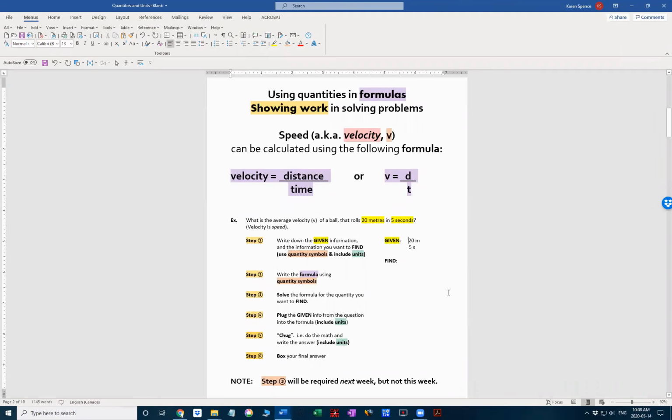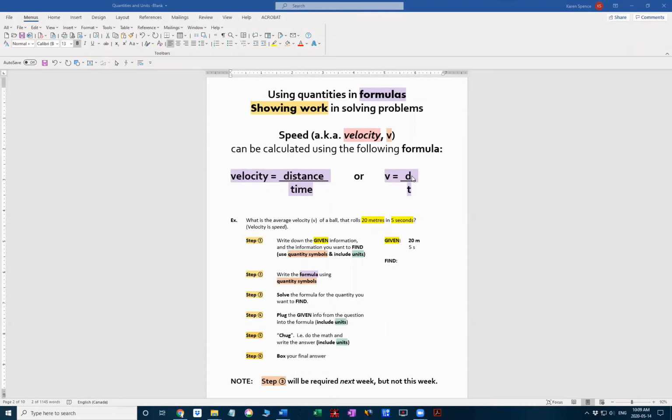Okay, so if we are looking at 20 meters, what quantity are we measuring? Distance. Thank you, Michelle.